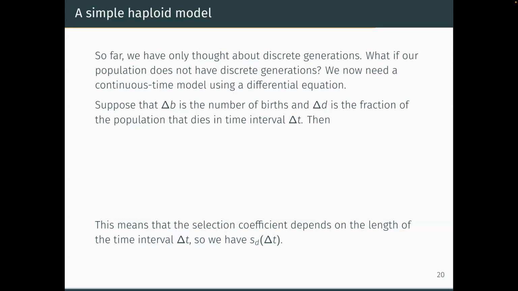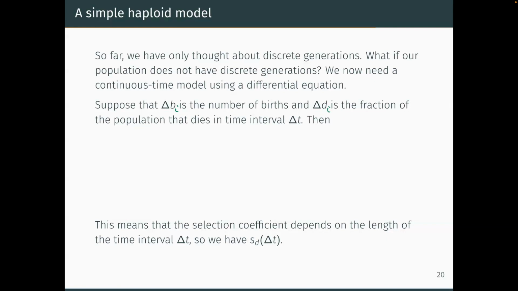Okay, so we're now going to think about a small interval of time, delta t, and we're going to define delta b as the number of births and delta d as the fraction of the population that dies within that time interval, delta t. We can do that for each type, so it should really be delta b sub i.